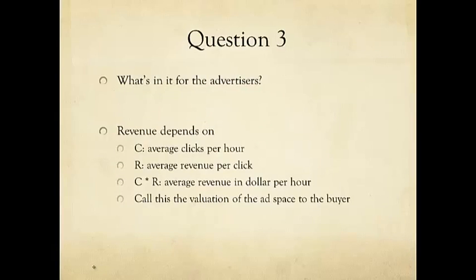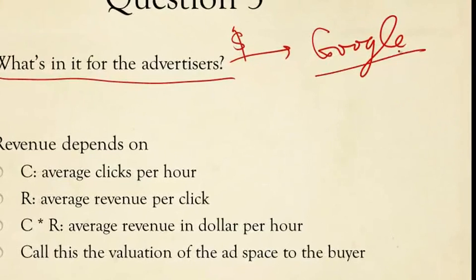The third question is, then what's in it for the advertisers? They pay Google based on the click-through rate, which we will assume to be the same as the expected click-through rate, and Google gets a revenue stream. That's good for it. But what about the advertisers?